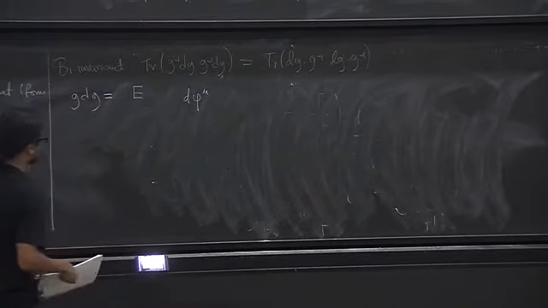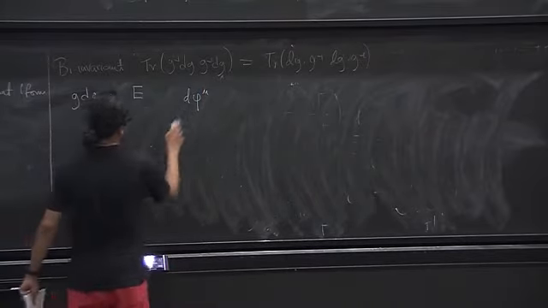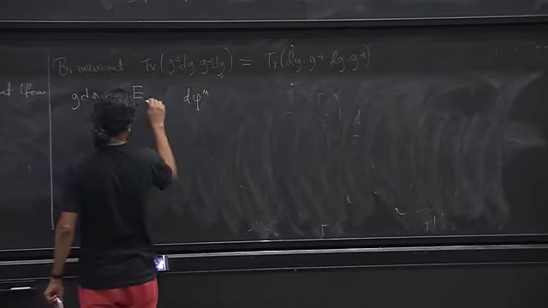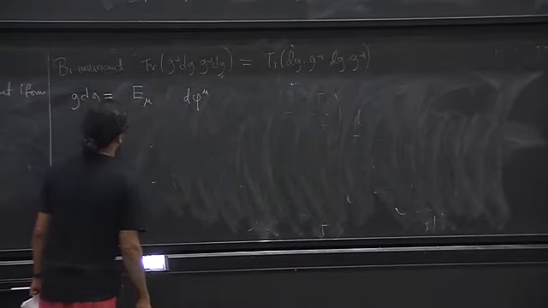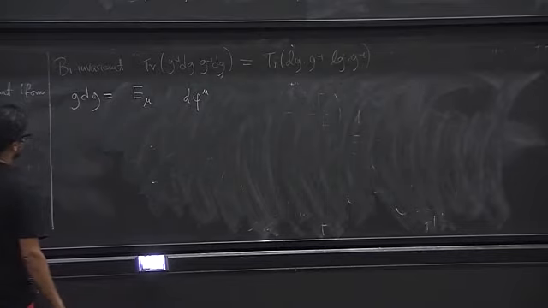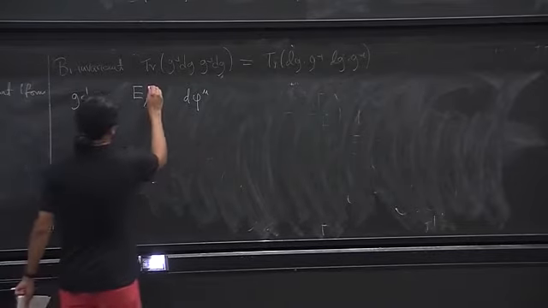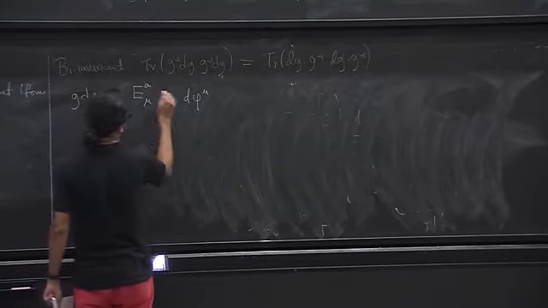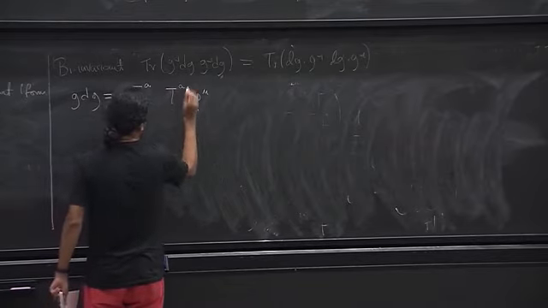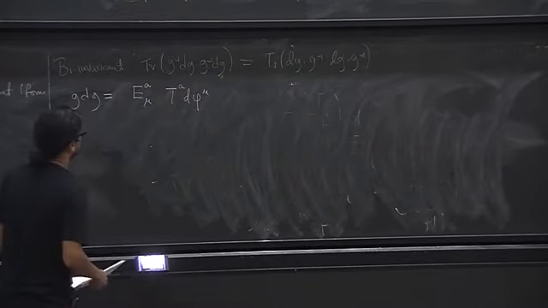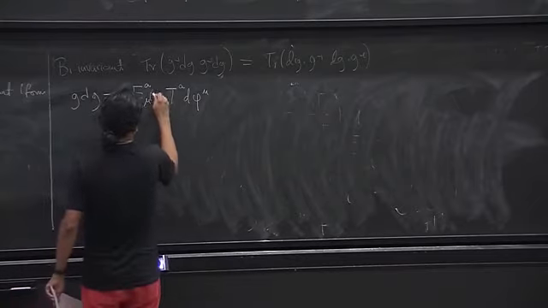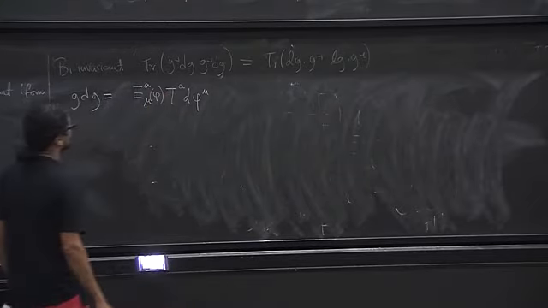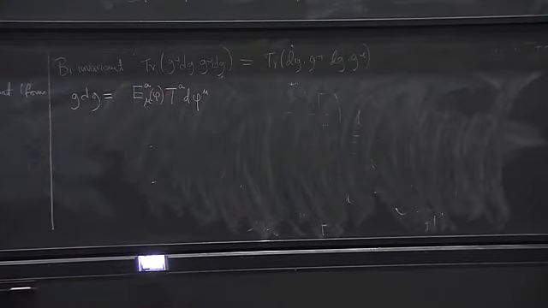Because it's a one form, there will be a basis of one forms d phi mu, summed over those indices. It's also Lie algebra valued, so there would be a coefficient contracted with the generators T A, and this should be a function of the coordinates.